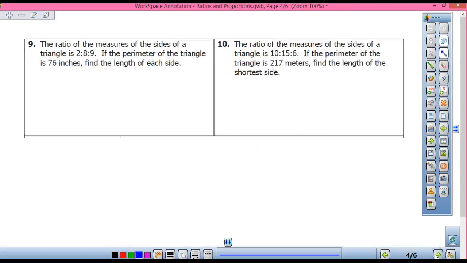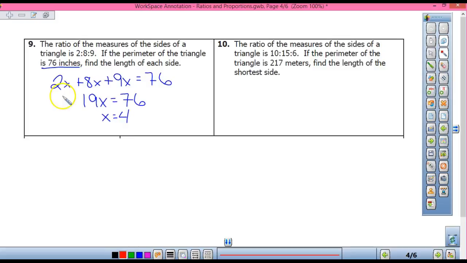Perimeter, this is the same thing, except now, instead of setting it equal to 180, we're going to set it equal to whatever the perimeter is. So 2x plus 8x plus 9x equals 76. 19x equals 76. X is 4.